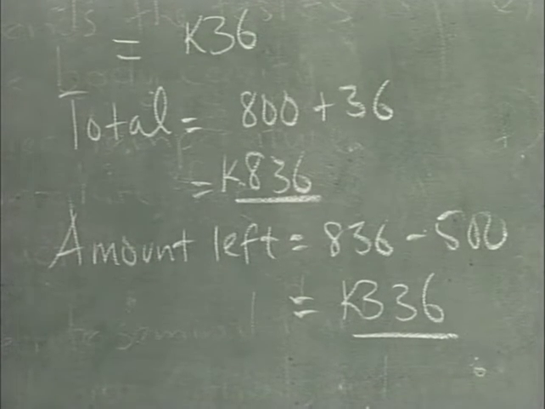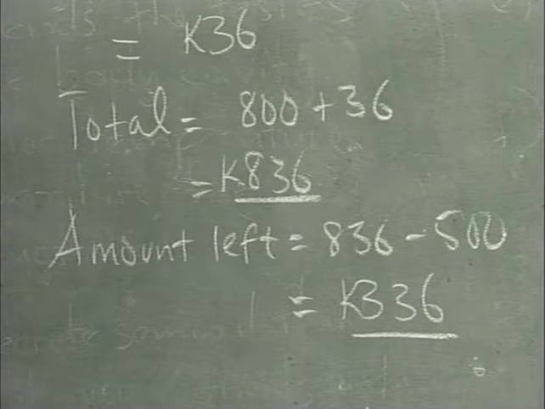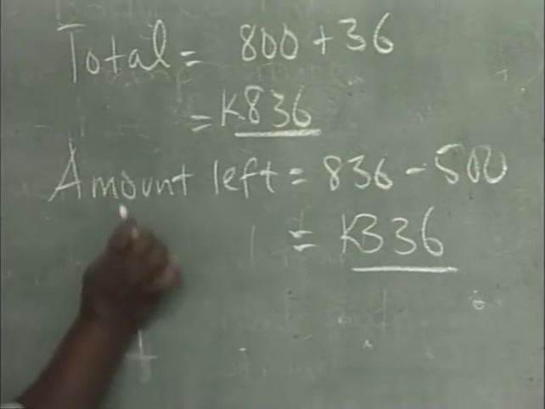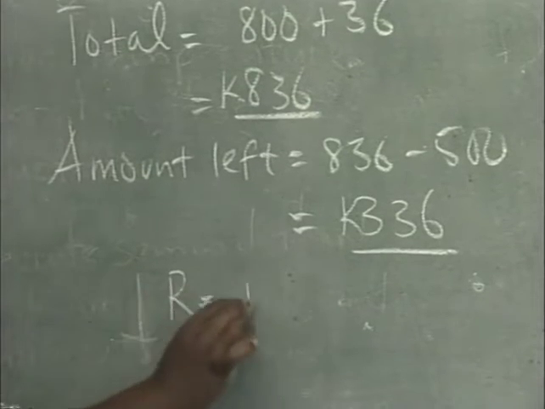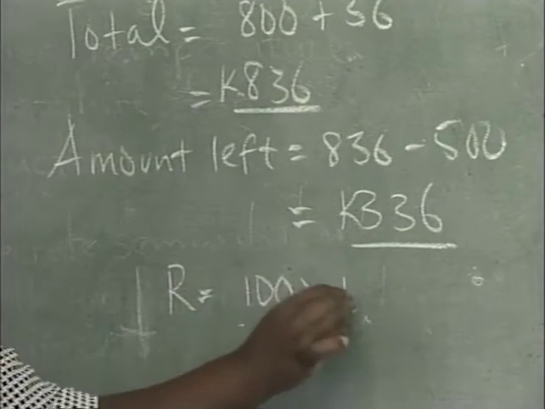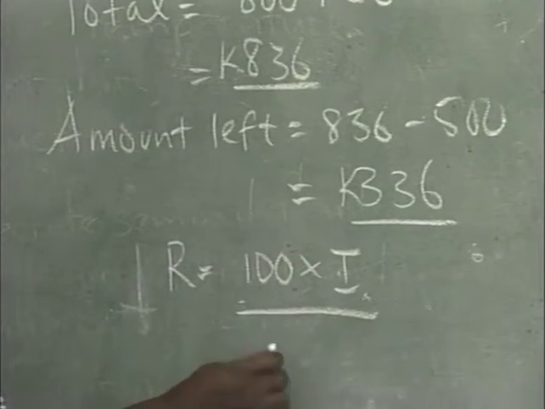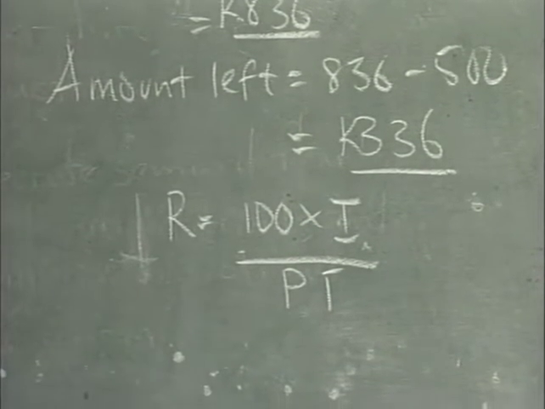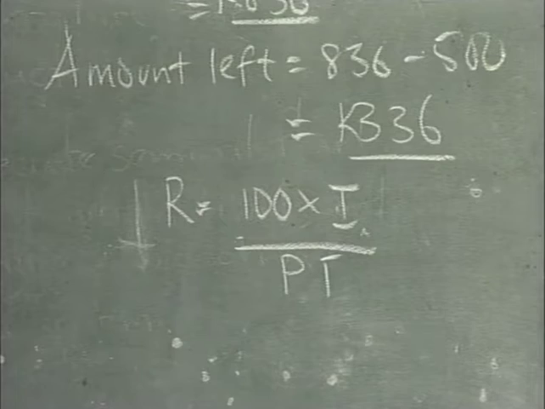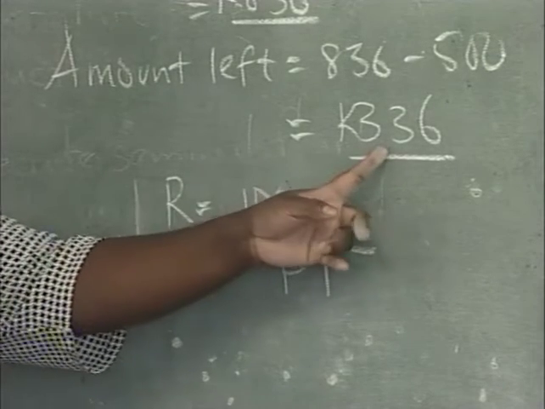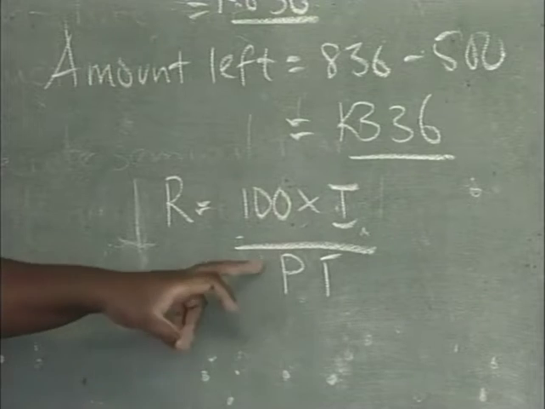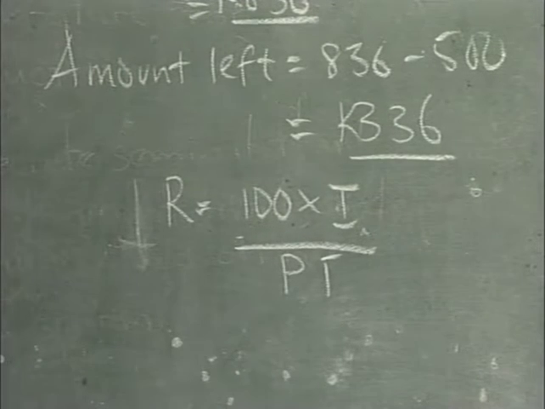Okay, we have to find the revised rate of interest. The rate would be 100 multiplied by the interest over PT. The amount still owing is 336 kina. So that would be what? According to the formula, that would be the principal.